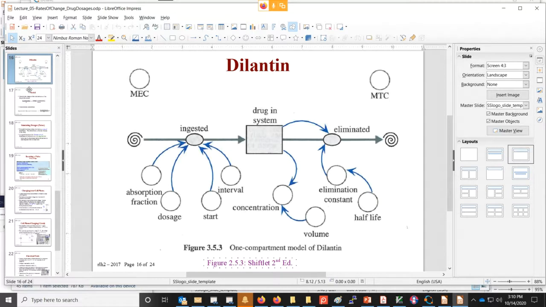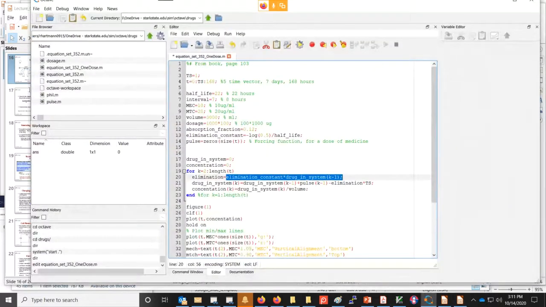The other part comes from the fact that your body, your liver, is trying to pull out that drug because it sees it as a foreign substance. So those are the two parts of how the drug in your system gets removed. Okay, and so that's what we're doing up here.